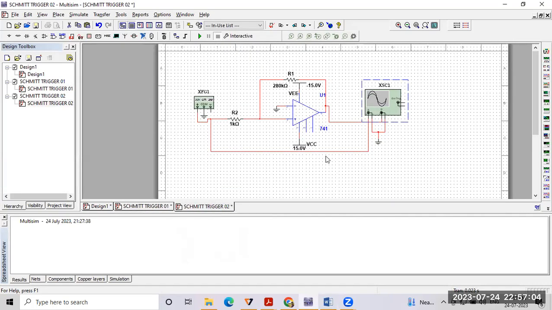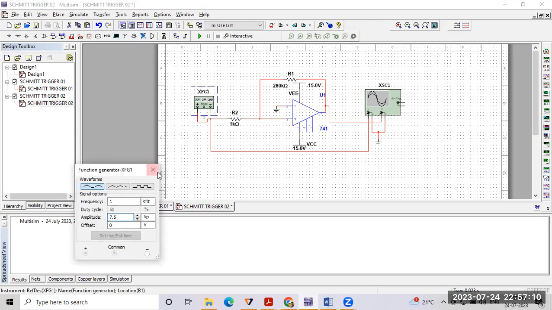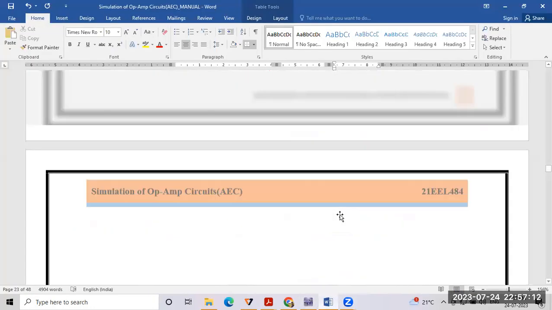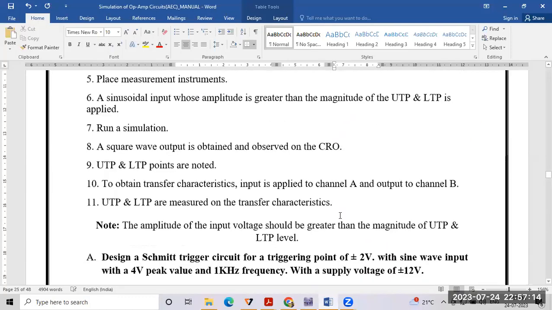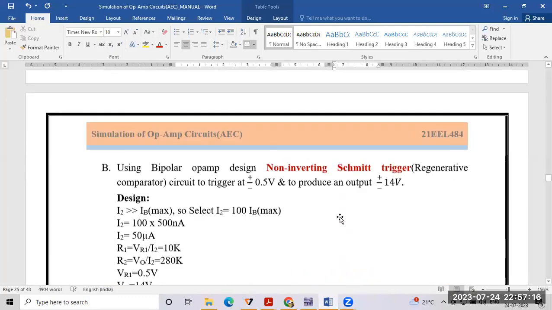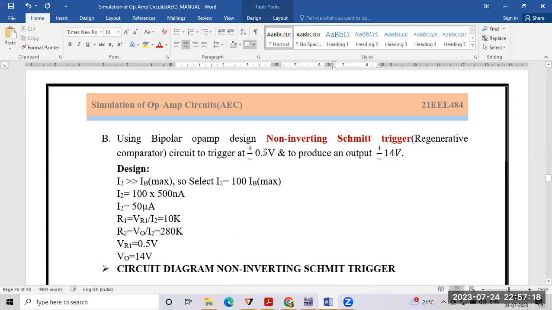Now I'm going to show you the non-inverting Schmitt trigger. What do we mean by non-inverting? Here I'm going to give the input signal to the non-inverting terminal. What is the design here? A very simple design here also. The triggering points are plus 0.5 and minus 0.5, producing an output of plus or minus 14 volts. How do we extract the input from the output?